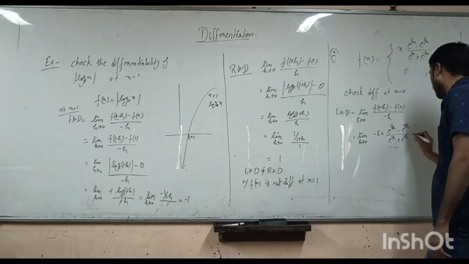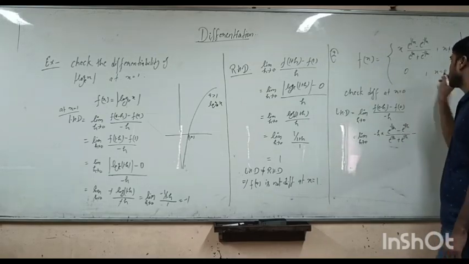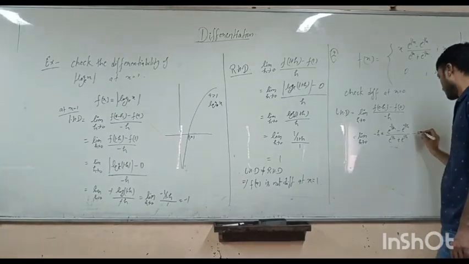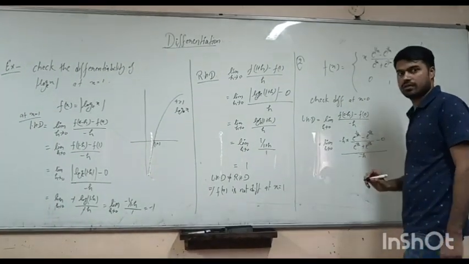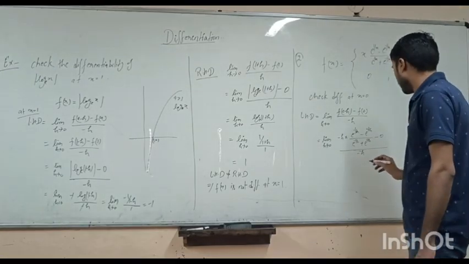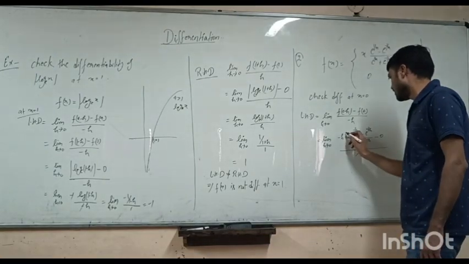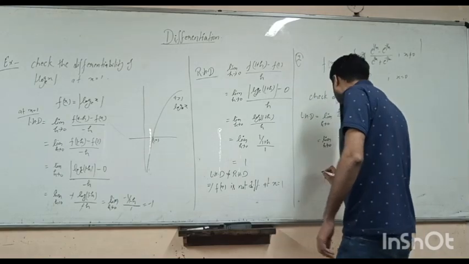Okay, what is the value of f(0)? When x is 0, f(x) is 0. So now we will use here minus h. Okay, so minus h will cancel out.